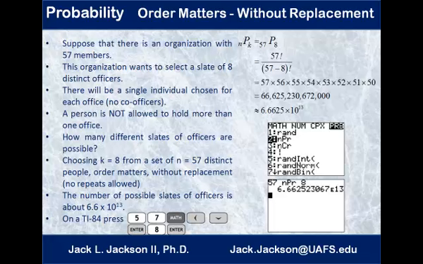Notice that the calculator calls this NPR rather than NPK. It really doesn't matter what letters we use there. I prefer when I'm writing it down to call it NPK because, especially if I'm writing these by hand, sometimes an R looks a little bit like an N. And it can get a little confusing. A K is pretty distinct from an N, so I use NPK.